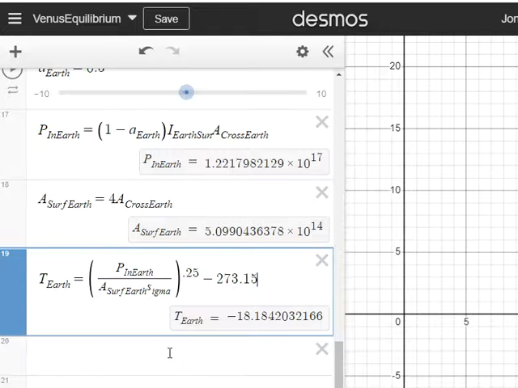That's the temperature of, 0 degrees Celsius is 273.15 Kelvin. So this gives us the temperature of the Earth in degrees Celsius. That would be the case if we had no greenhouse gases.